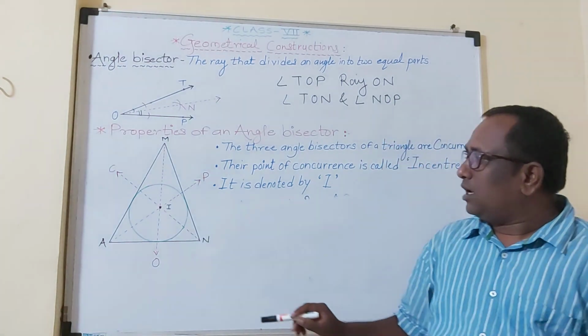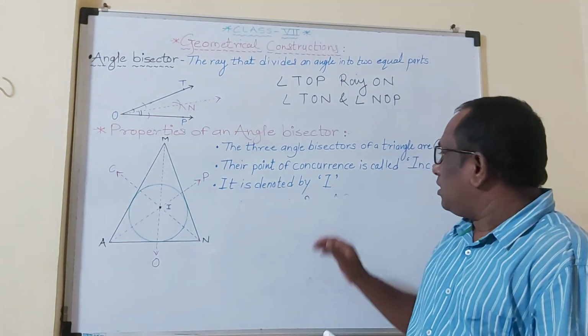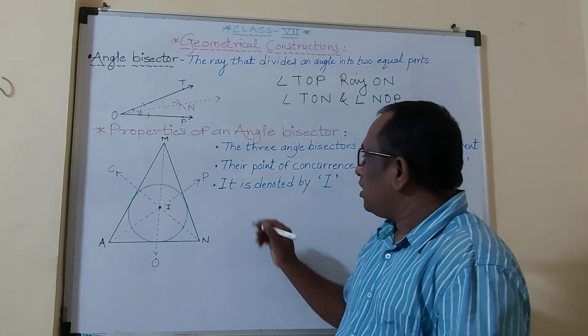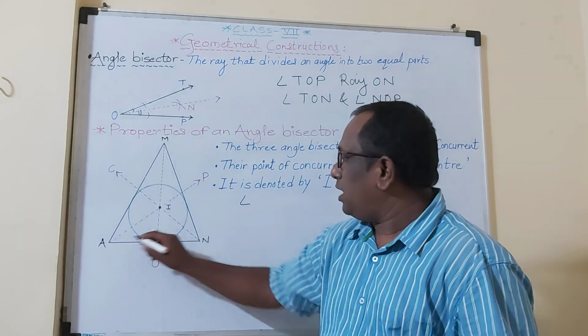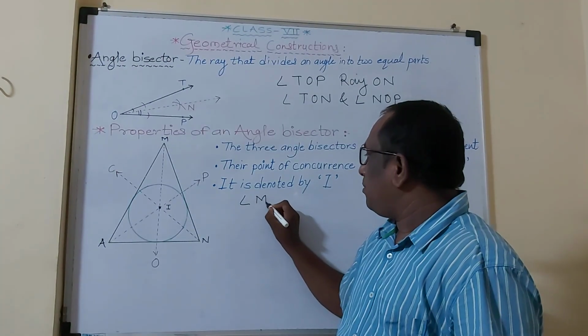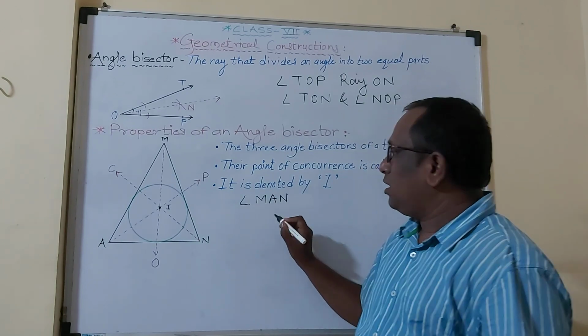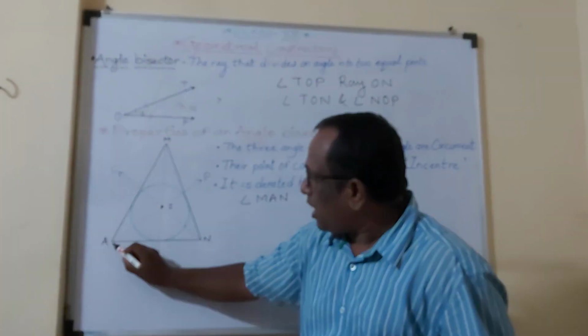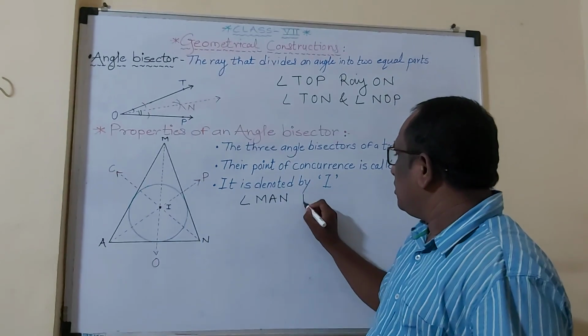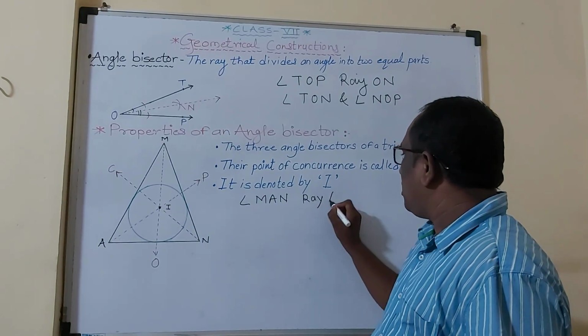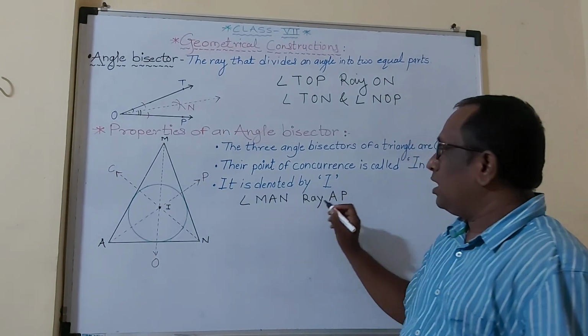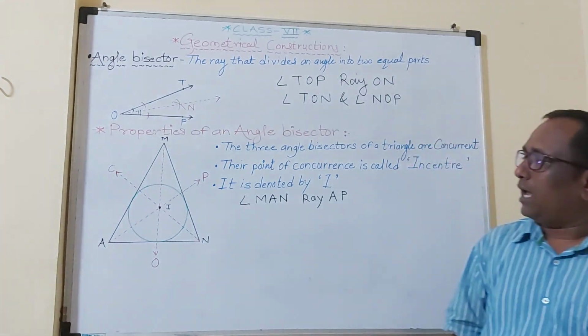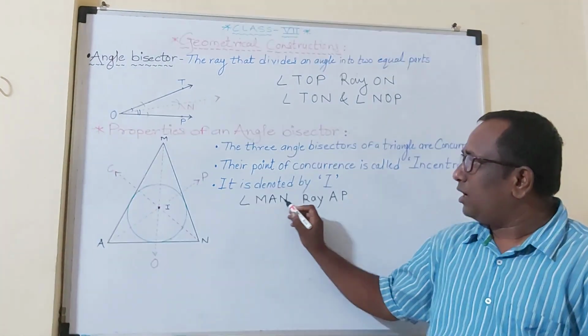In this triangle, if we see the angle MAN, then ray AP is the angle bisector of angle MAN.